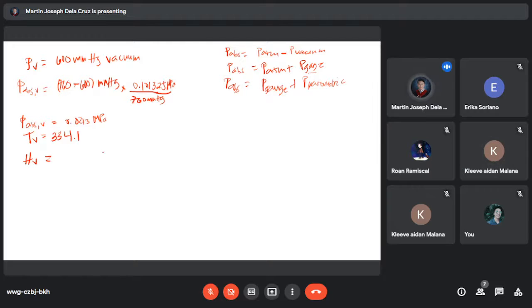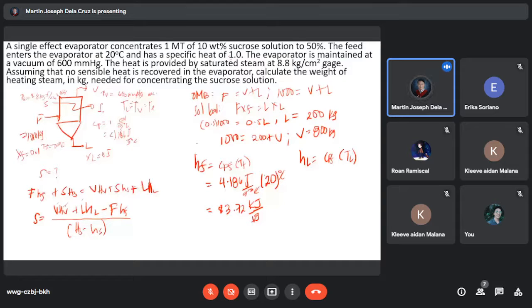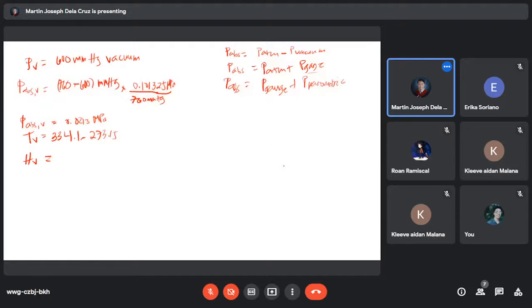Okay. 334.1, right? So, minus 273.15 para makuha natin yung degree Celsius niya, di ba? Dapat naka-degree Celsius tayo dito. So, anong answer? It's 60.95 Celsius.